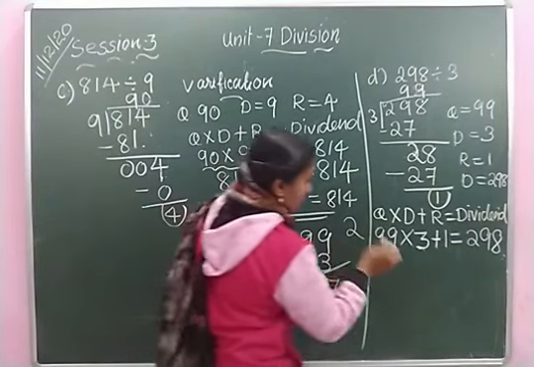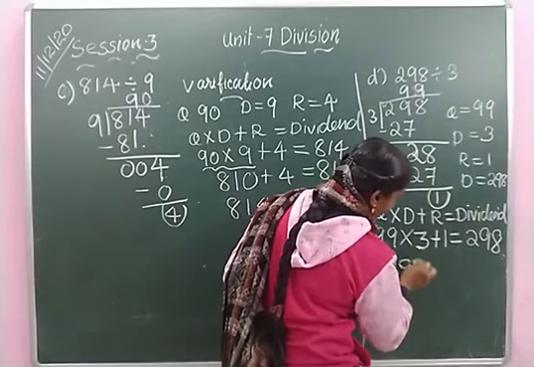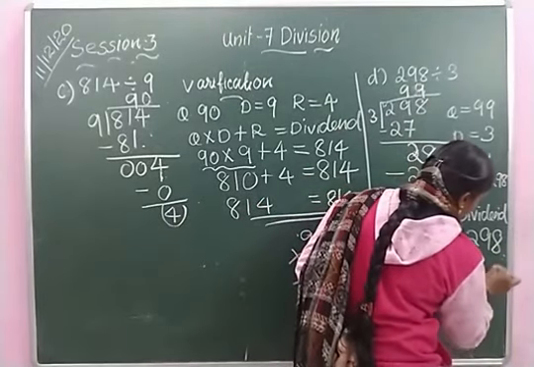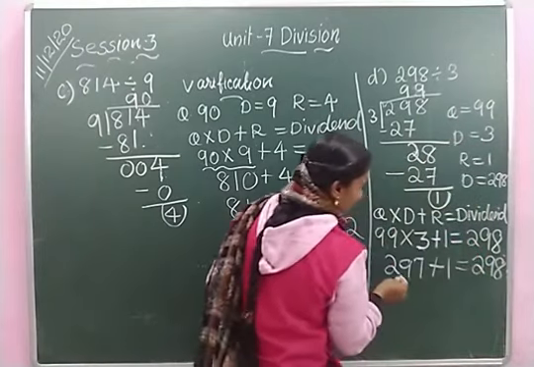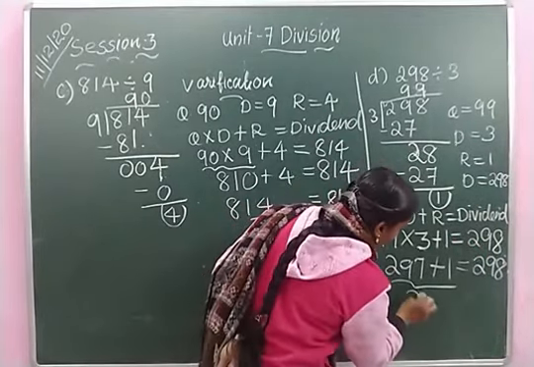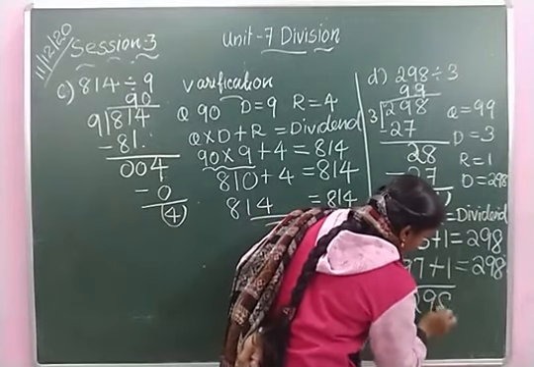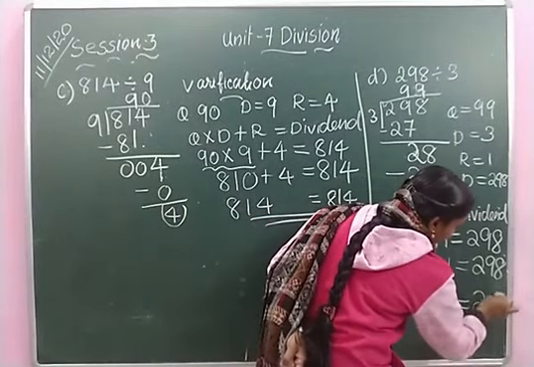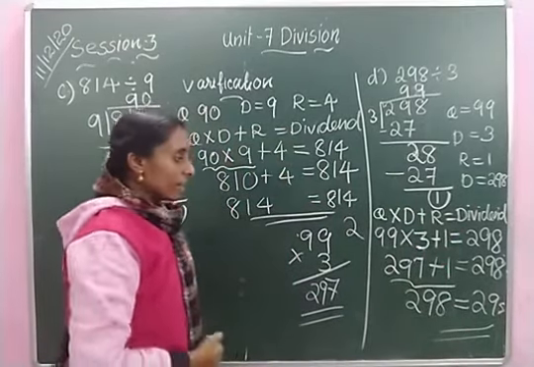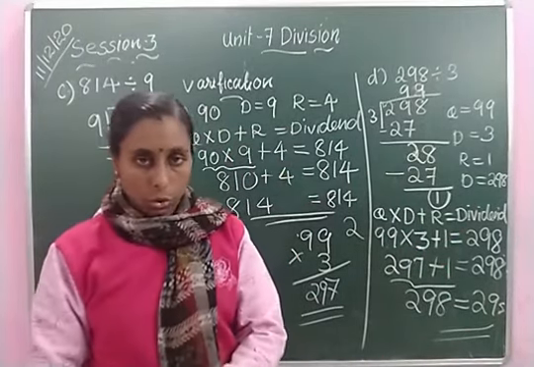So 297. 297 plus 1 is equal to 298. And here also 298. This is the verification. Now we have done the verification also.